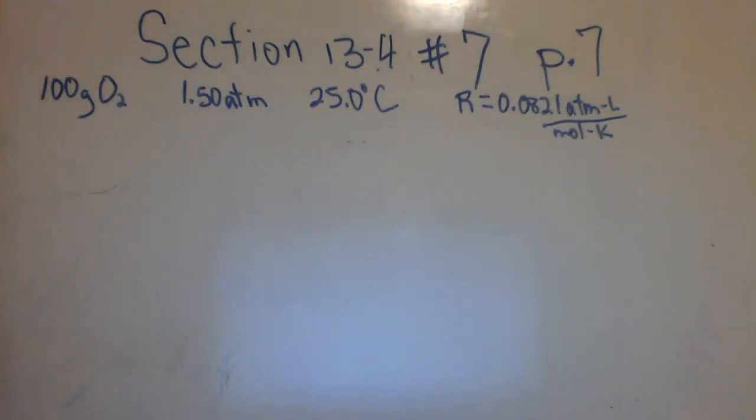Section 13.4, number 7, page 7 of your homework sheets. Reads, what volume would be occupied by 100 grams of oxygen gas at a pressure of 1.50 atmospheres and a temperature of 25.0 degrees Celsius.